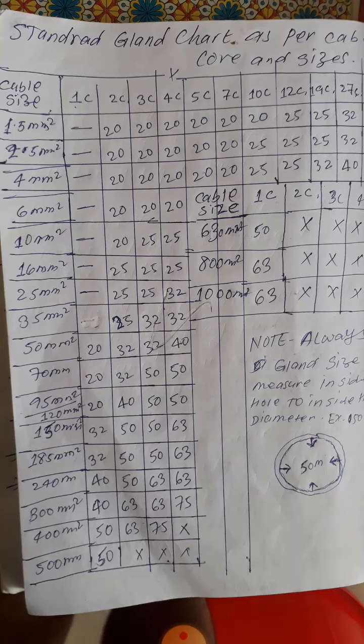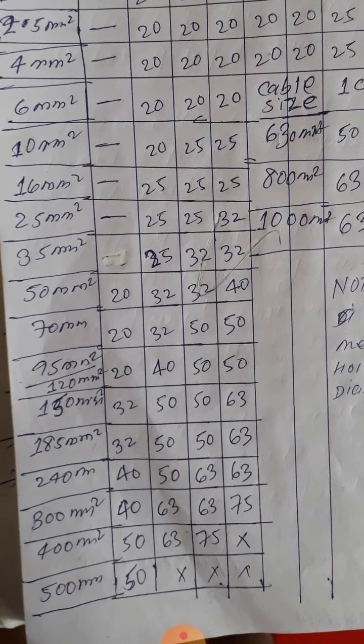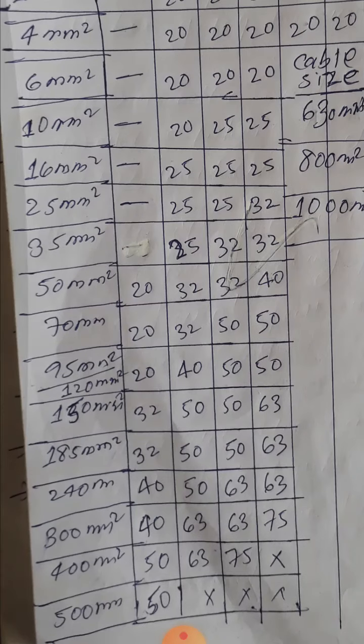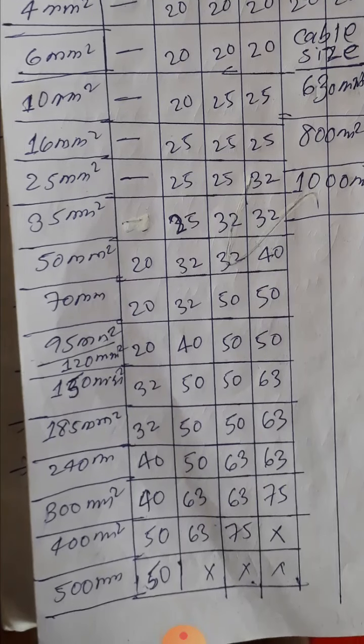So this is the gland chart. You can check the gland chart and make it clear. If your cable is 185 mm square and single core, you need a 32 mm gland. For 2 core you need 50 mm, 3 core 50 mm, and 4 core 63 mm.